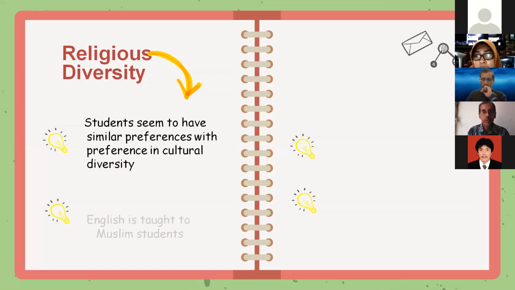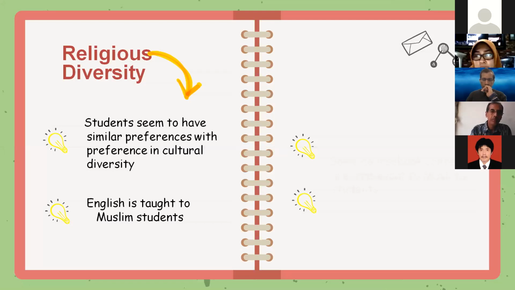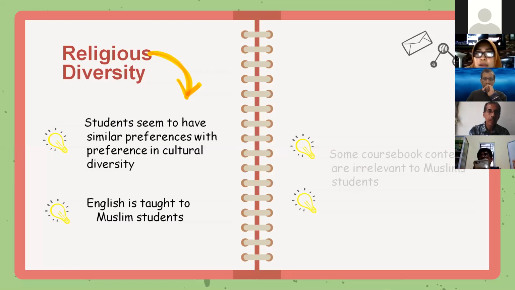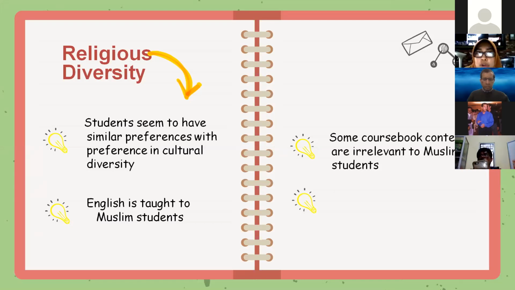So here English is taught to Muslim students, but the problem is that only some course books are relevant to Muslim students. The course books that we use in English departments are usually published in English-speaking countries, and the focus of the material found in those course books does not really seem to be related to our students' condition, as they are mostly Muslim.